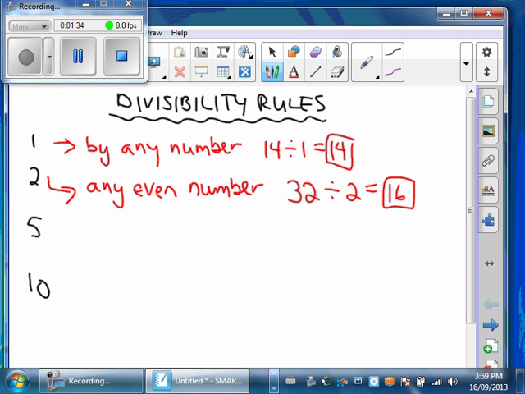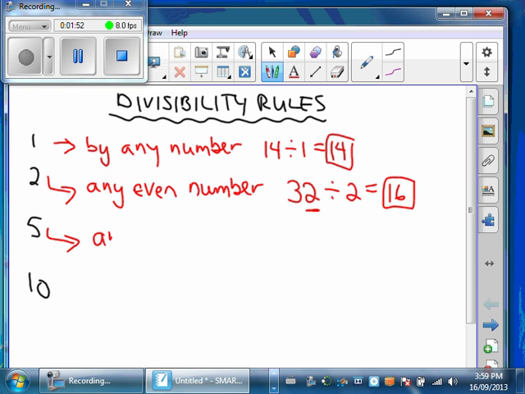So as long as this last number is an even number, being 0, 2, 4, 6, 8, then that number will divide evenly by 2. Very simple.